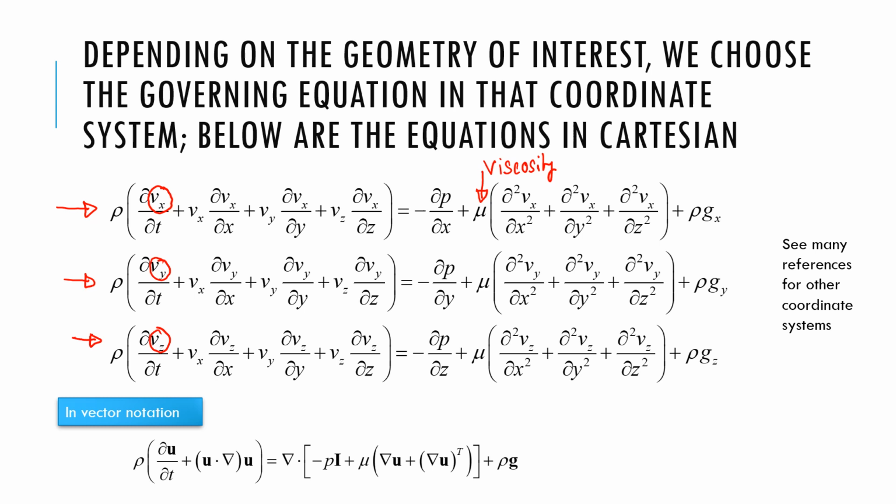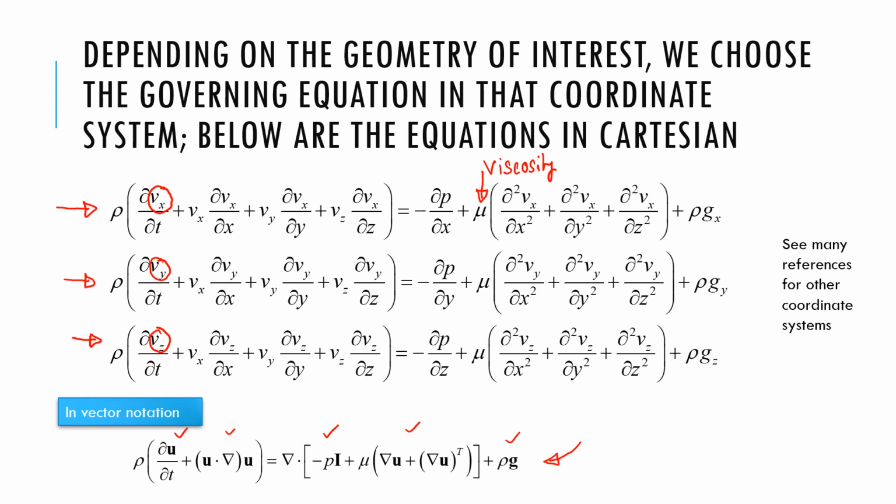Now, in vector notation, this equation would be written like this. So this is the time derivative of velocity, and this is the spatial component. This is pressure, the viscous component, and the body forces. So in a commercial software that solves it, they will have the equation written in this format.